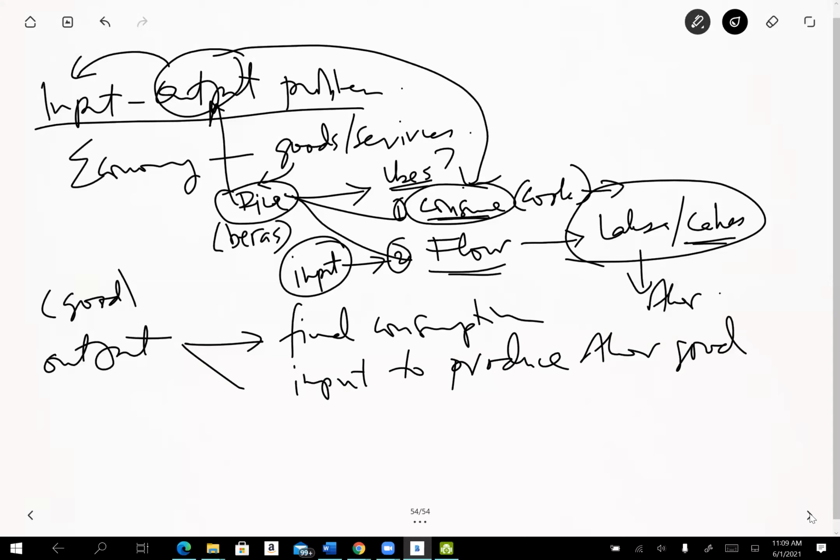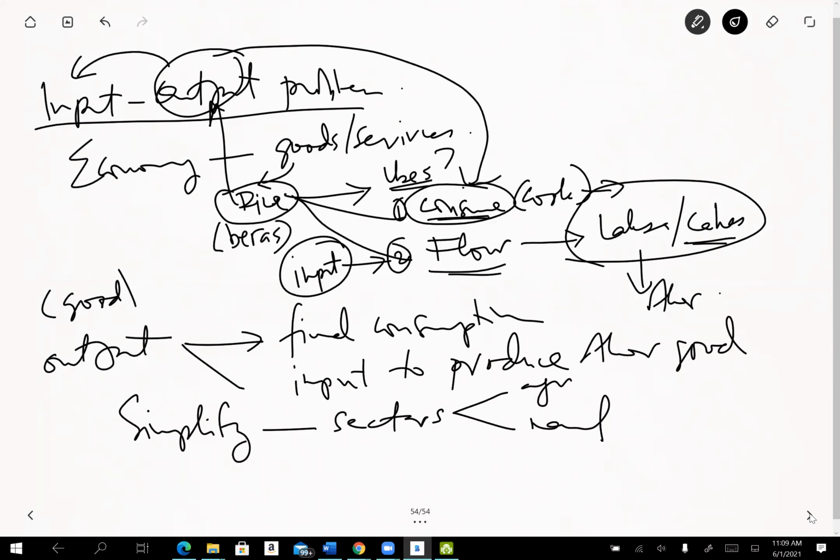Now the economy consists of too many things. So what you do, you simplify the economy. We make it into sectors. Okay, sectors, maybe agriculture, manufacturing, and service, or sometimes they have agriculture and industry.